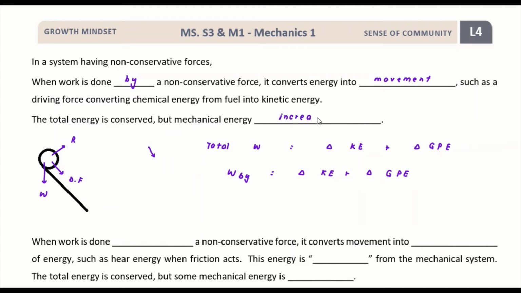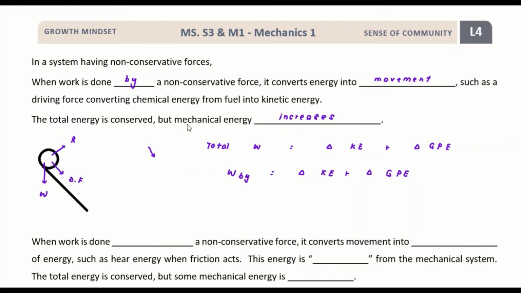I hope you get what I mean, because when we talk about the total energy, we mean the chemical energy, the weight here, and the potential energy. In this case, the chemical energy is lost, right? But the chemical energy actually goes into the kinetic energy.